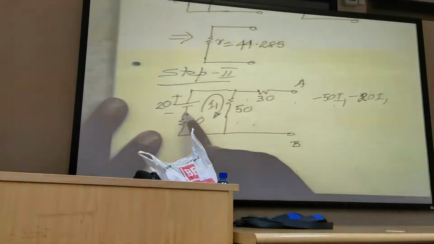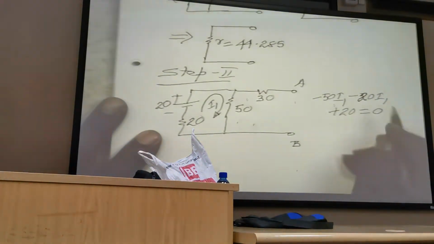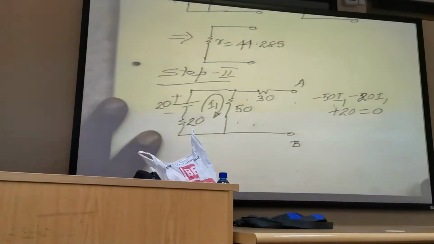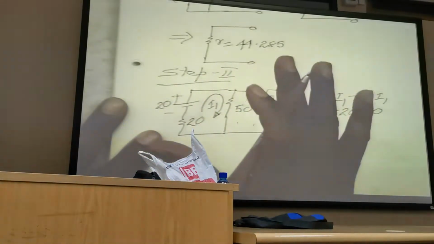And then you are going from there to there, from negative polarity to positive polarity, that is a voltage rise, that is plus. So plus 20 should be equal to 0, that is your loop equation. So we are doing mesh analysis, where we are applying KVL in this loop.